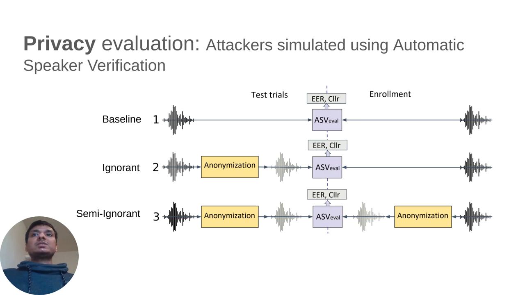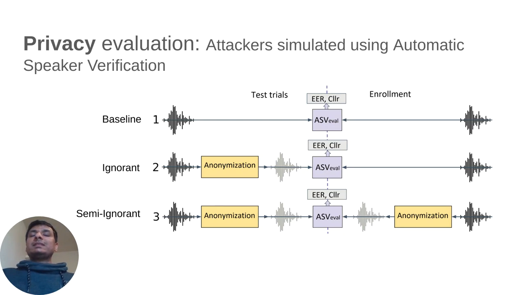The attacker then uses this data to conduct trials with the publicly released test corpus and tries to find the identities in this using equal error rate. So this whole setup can be simulated using the automatic speaker verification system.